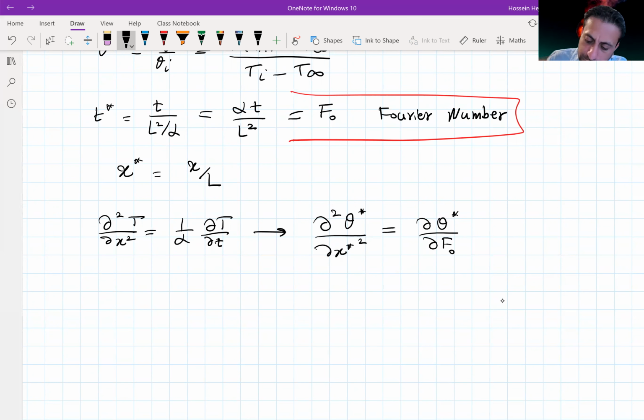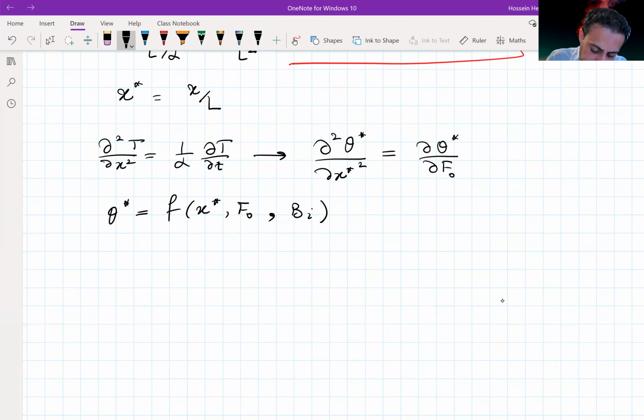So the solution to this one, theta star, would be in the form of a function of x star, t star, or Fourier number, and Biot number, as we will see soon.